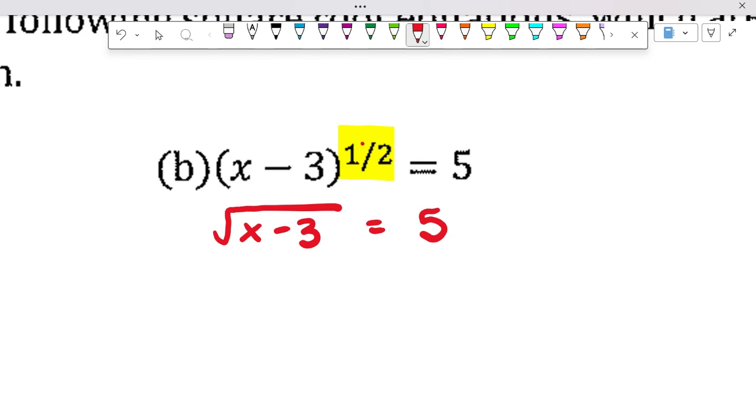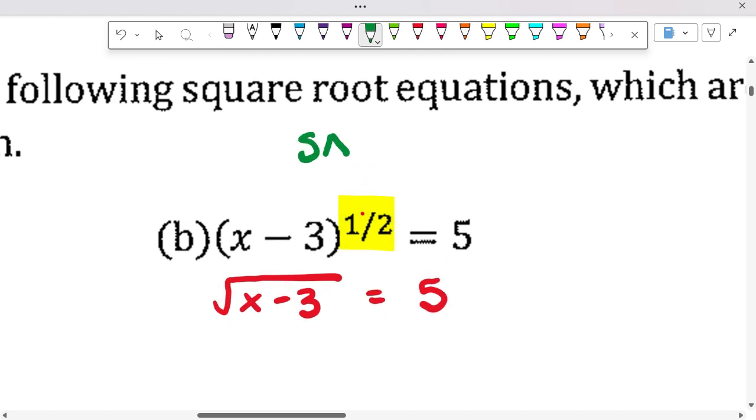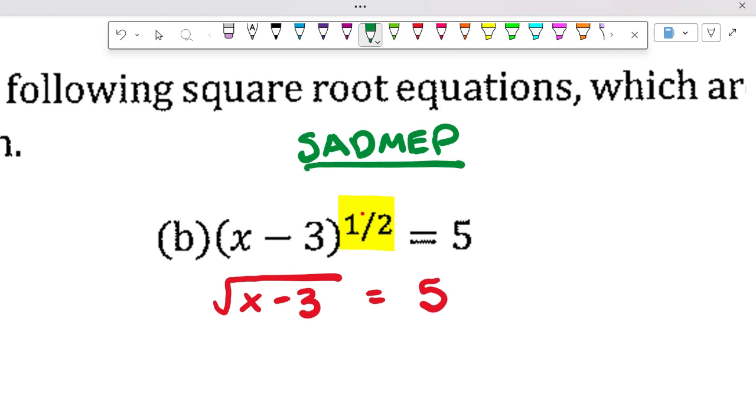Remember SADMEP? We talked about SADMEP in the previous unit. And what is SADMEP? PEMDAS backwards. SADMEP is how you solve equations. So technically, the x minus 3 was originally in parentheses. If it's under a radical, that's technically parentheses. You can treat it as such.